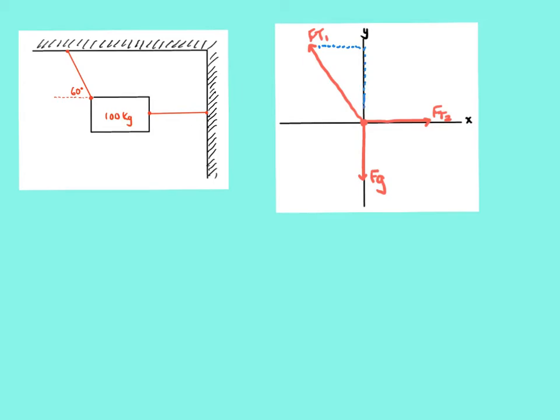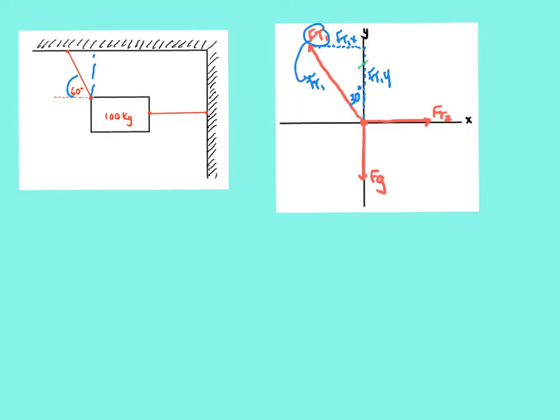This is Ft1 in the x direction, this is Ft1 in the y direction, and this here is T1, so I could move that over there. This is going to be a 30-degree angle, because this was 60, so that'll be 30. What are some things that are going to be the same size?